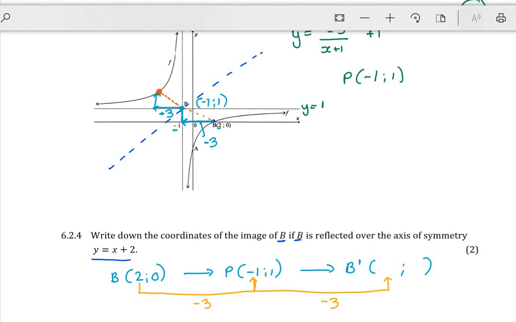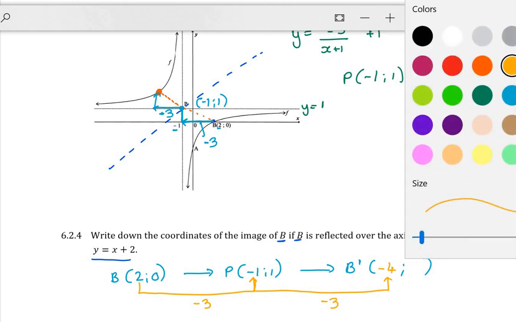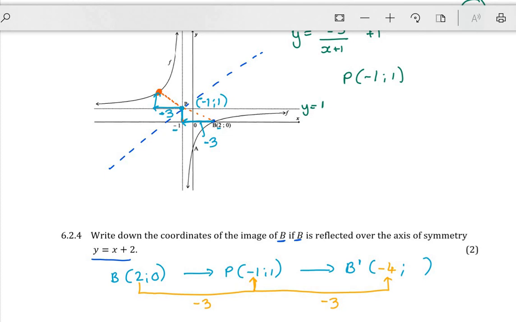So negative 1 take away 3 is negative 4. And I can do the same thing for the y value. How far did I move up? Well, this y value was at 0 and I went up to 1. So I moved up 1, which means I just need to move up 1 again. So that's 1. And so there's B dashed.